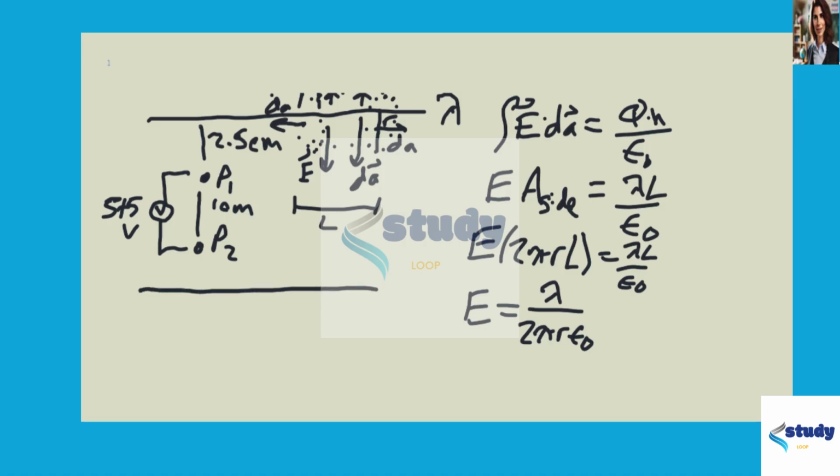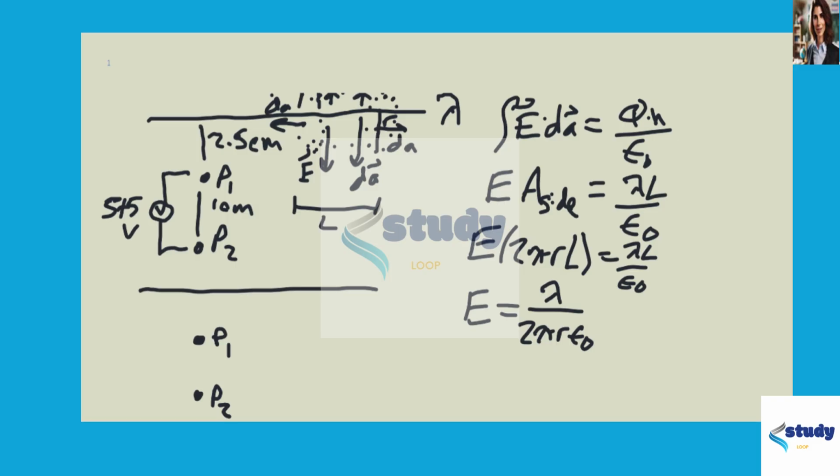Now that we have our electric field, we want to figure out the voltage at point 1 and point 2. Since we know the voltage between them, we can find lambda using that. I'll draw another little picture down here. We want to do a line integral between these two points.